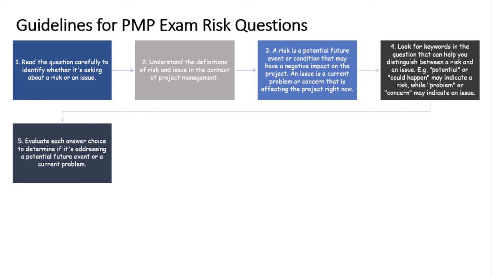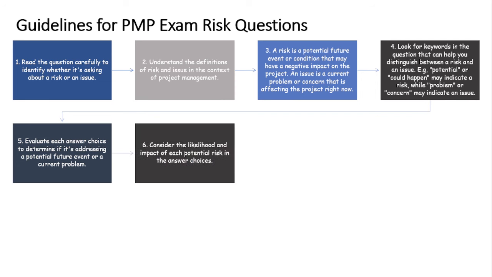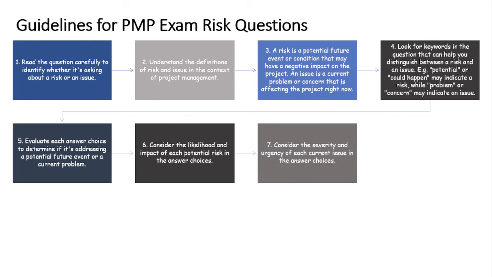Future event, that's a risk response. Current problem, that's an issue resolution response. Number 6, consider the likelihood and impact of each potential risk in the answer choices. Number 7, consider the severity and urgency of each current issue in the answer choices.